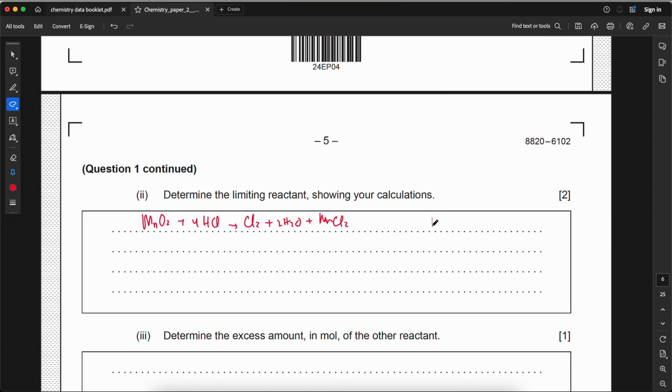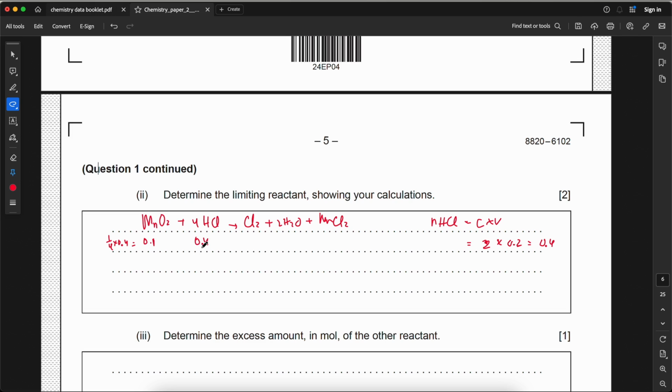So n of HCl, c times V, 2 molar times volume is 200 centimeter cube, so 0.2 decimeter cube, so 0.4. So here is 0.4 mole. Therefore here 1/4 times 0.4, it's 0.1.